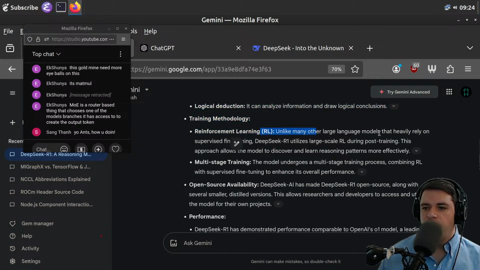Unlike many large language models that rely heavily on supervised fine-tuning, DeepSeek R1 utilizes large-scale RL during post-training. I don't know the difference between reinforcement learning and supervised fine-tuning.